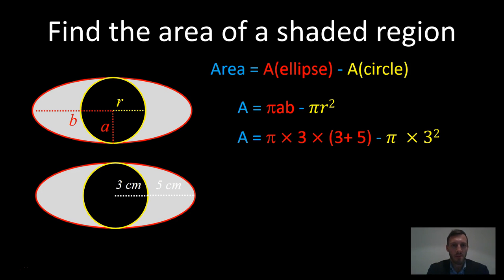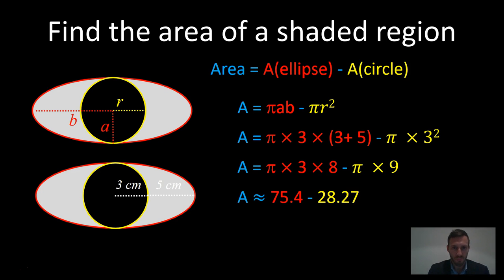And then B for the ellipse is going to be the radius of the circle plus the extra 5 centimeters. Take away pi times radius 3 squared. So when we evaluate, we get 75.4 take 28.27. We end up with the area for this shaded area is 103.67 centimeters squared.